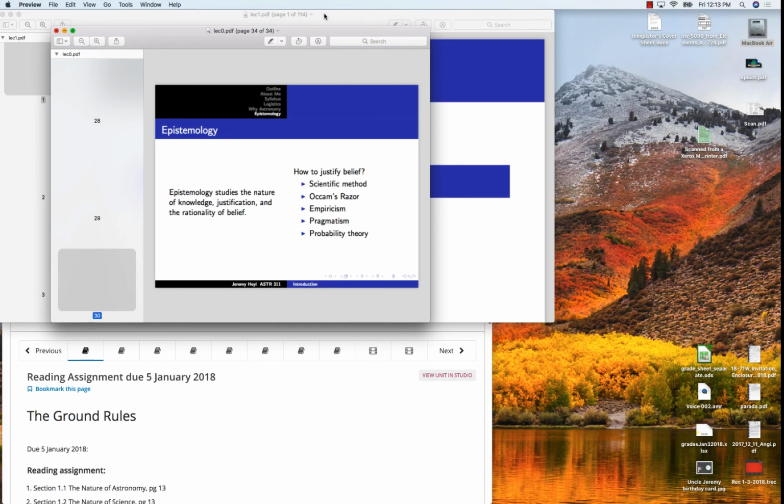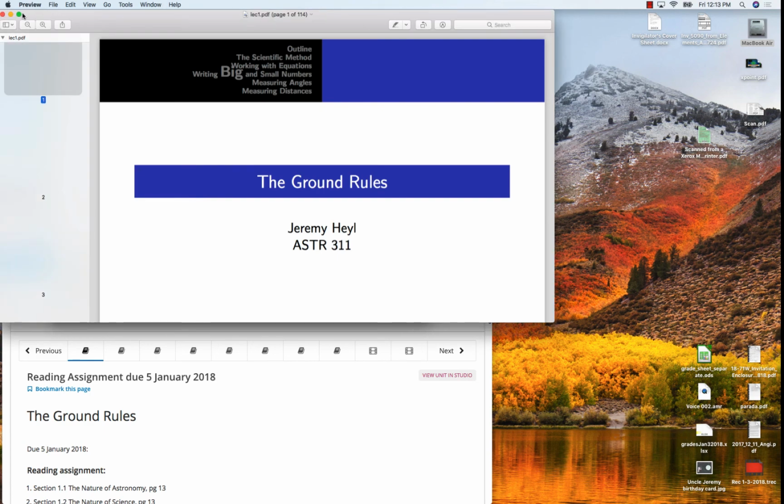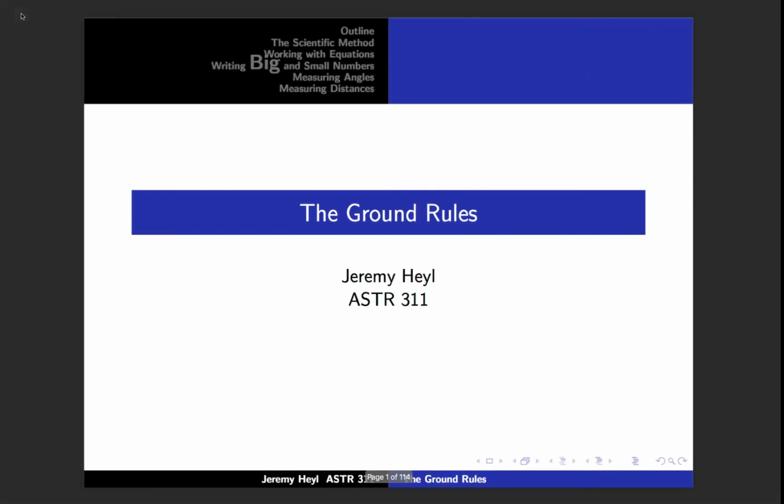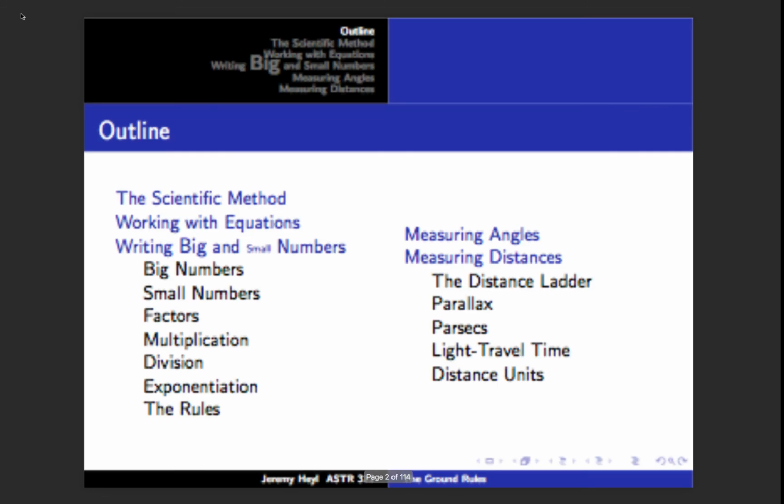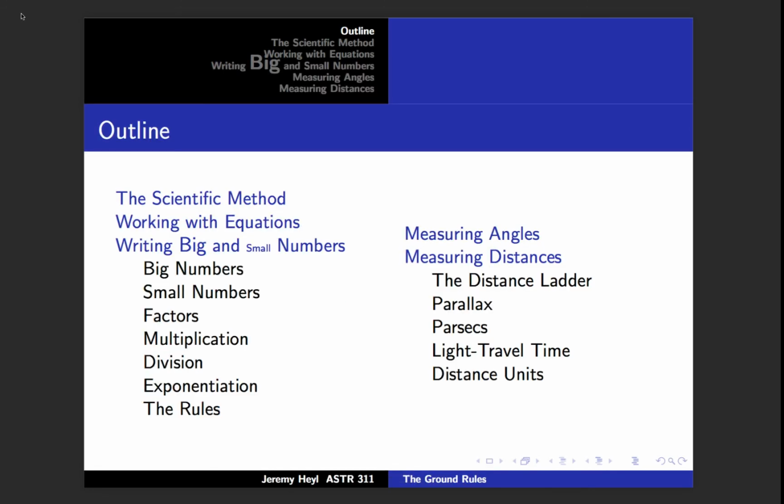And really, those ideas started with Galileo, who in a sense is the first modern scientist, I would argue. Okay, so the ground rules. What are we working with today? So I talked a little bit about the scientific method, then we're going to jump into some math, and we're almost going to realize immediately that when we do astronomy, we end up with really big numbers.